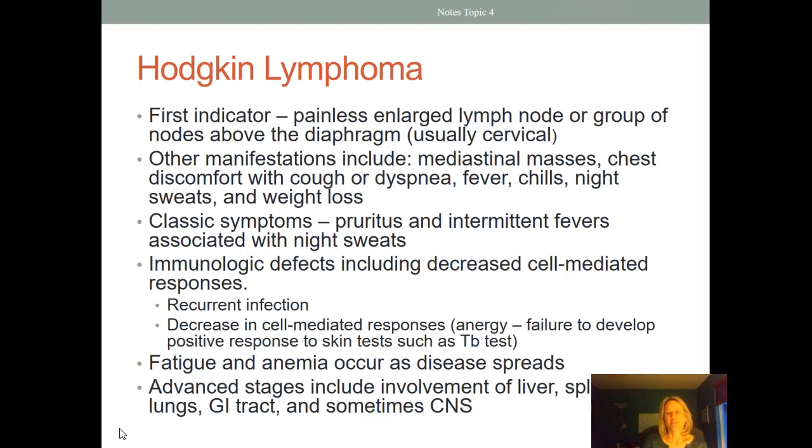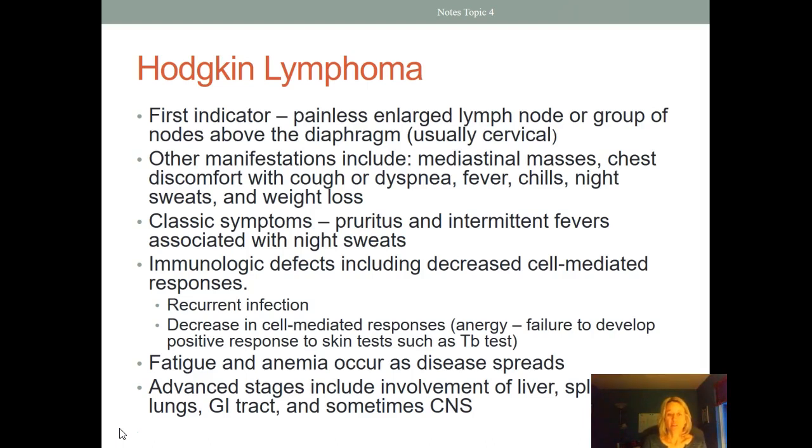Other manifestations include some mediastinal masses, chest discomfort with cough or dyspnea, fevers, chills, night sweats, and weight loss. Classic symptoms are pruritus or itching, intermittent fevers, and night sweats.